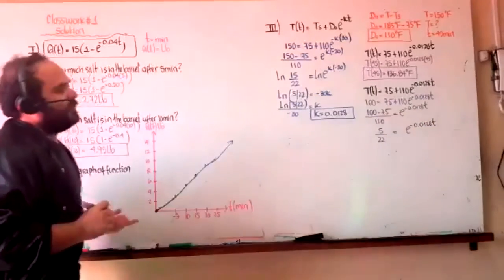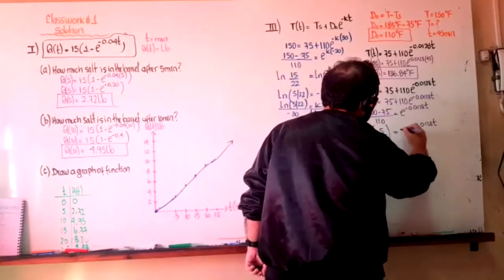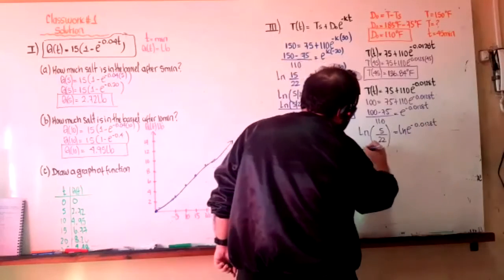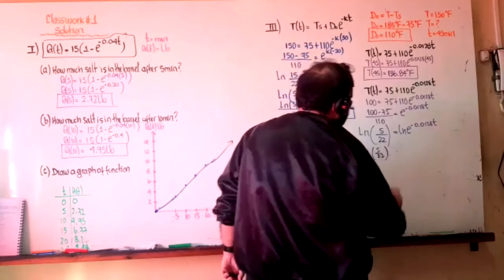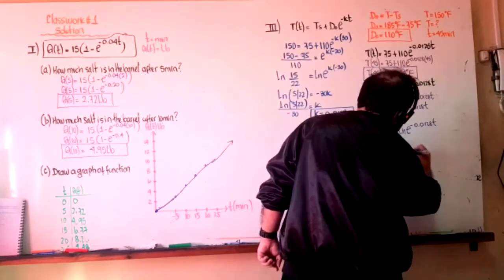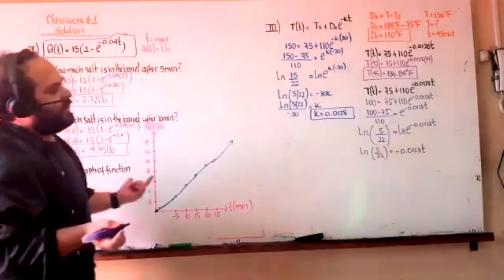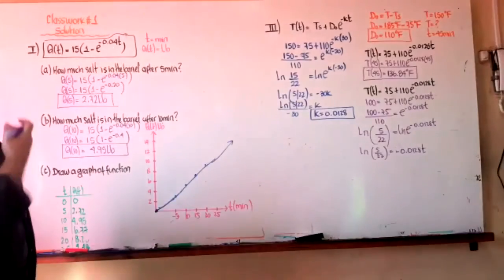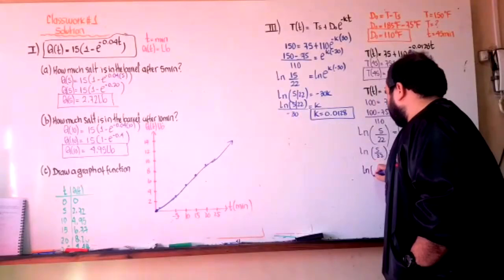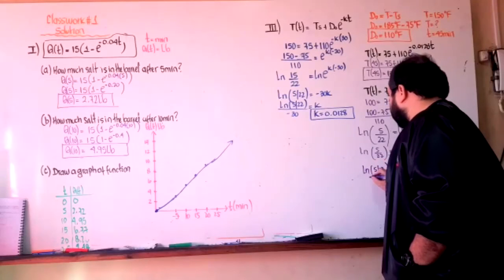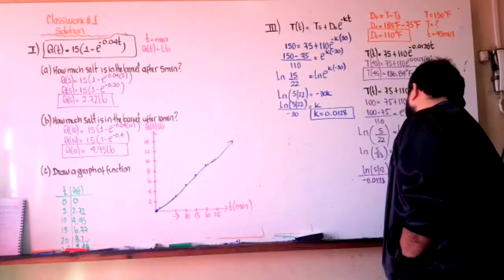And because we're looking for the period of time, we take the natural logarithm on both sides. What happened? This way, the natural logarithm of 5 over 22 equals negative 0.0128 t. Remember, the natural logarithm of e will be 1, so that makes sense. Let's solve the natural logarithm of 5 over 22 divided by negative 0.0128.